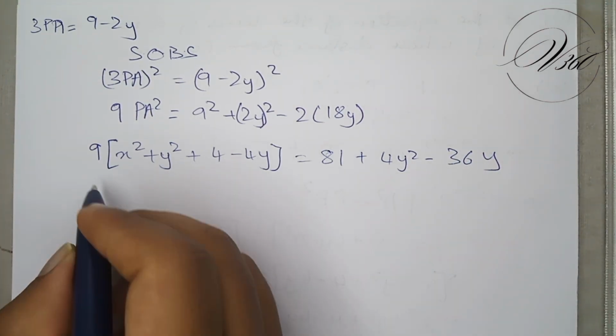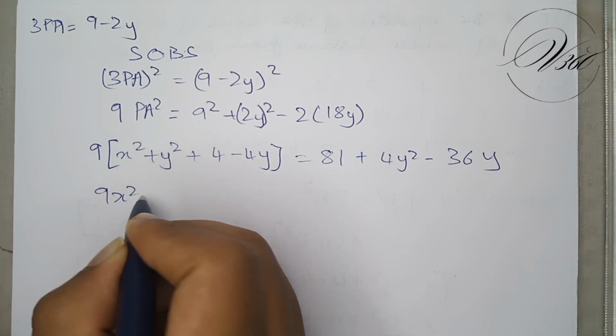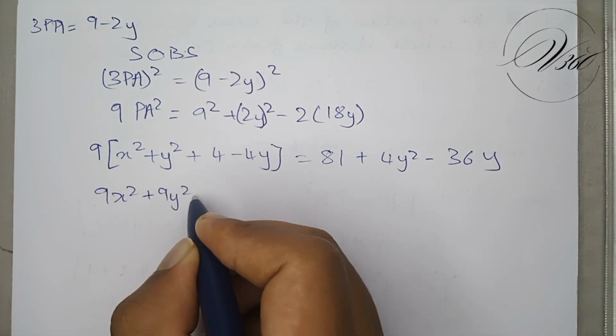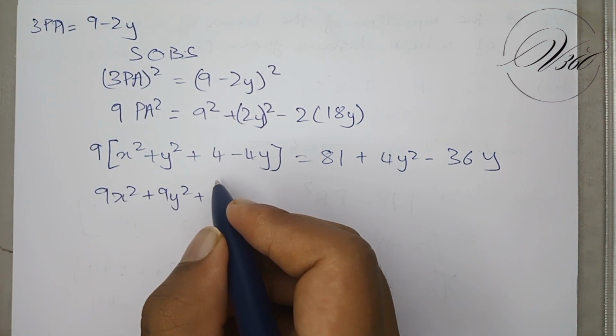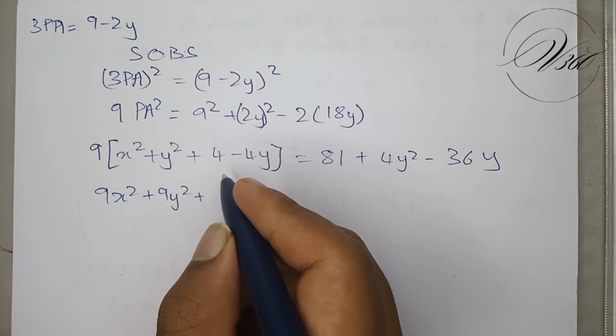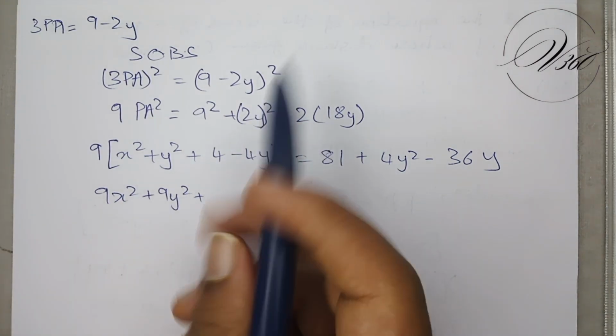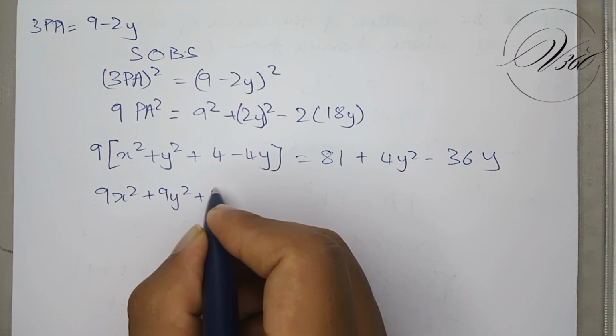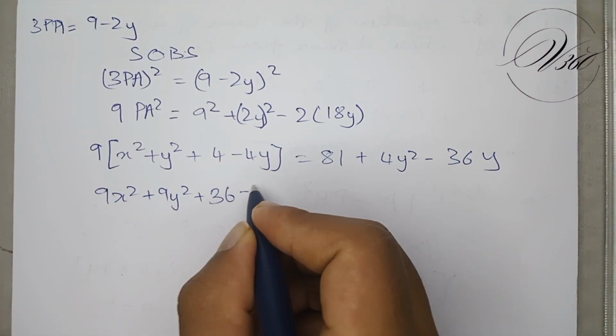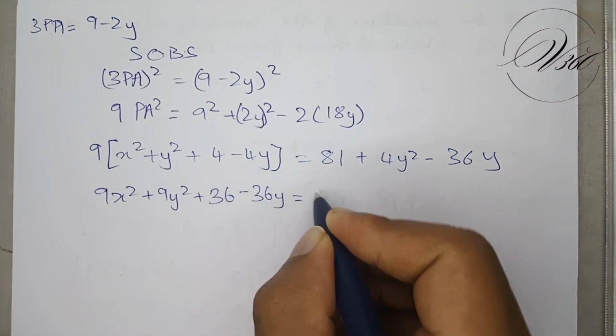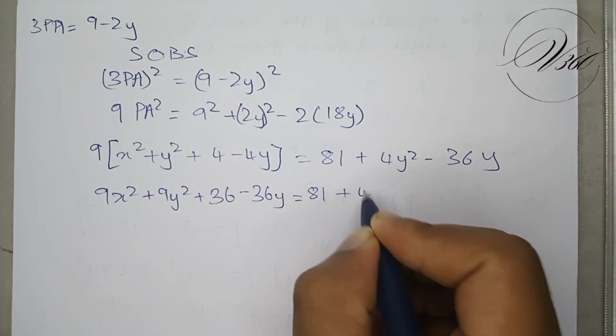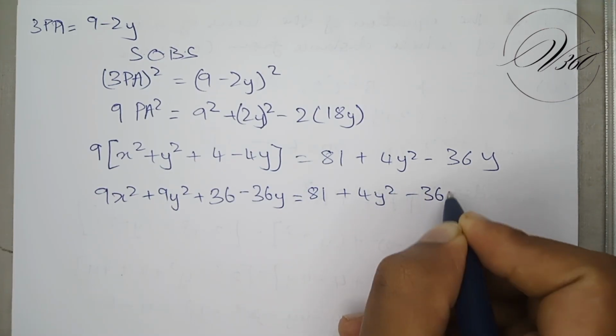Okay. Now we'll open the brackets. 9x square plus 9y square plus 9 3 is 27, 9 1 is 9, 9 2 is 18, 9 3 is 27, 9 4 is 36, right, minus 36y is equal to 81 plus 4y square minus 36y.